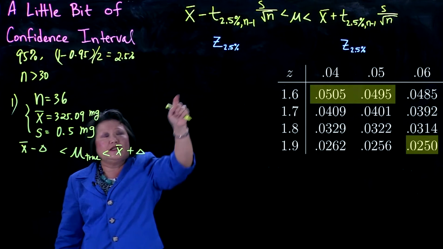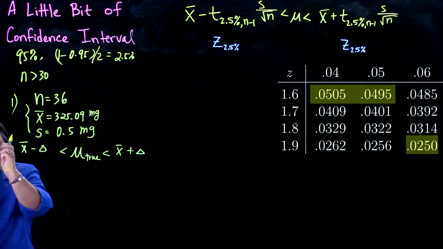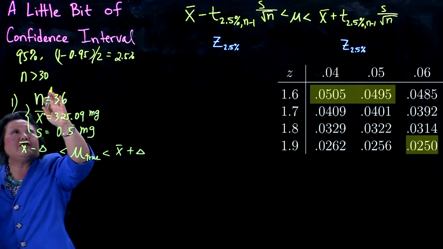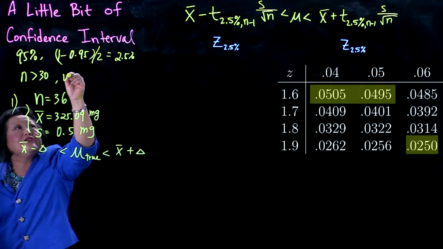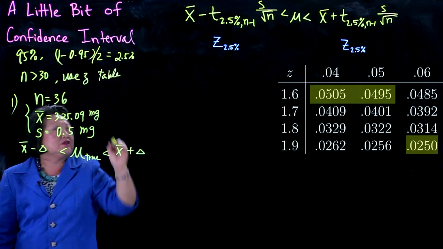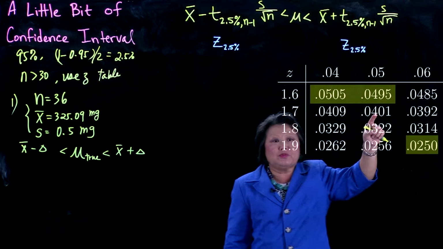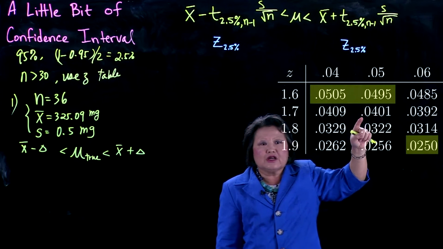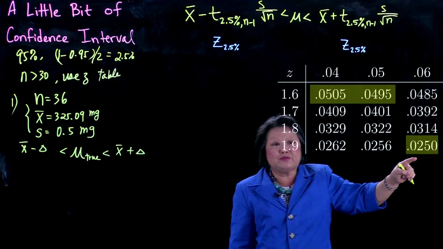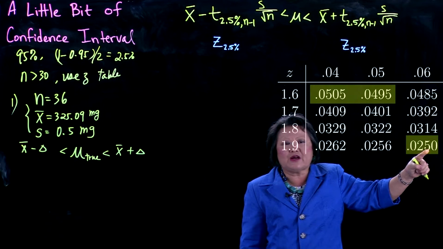So this delta then is T. When you have n larger than 30, use the Z table. What is the Z table? The standard normal distribution table, which I show over here. And we want to know the Z value that leaves 2.5%, which is right here, 0.025 area to the right.